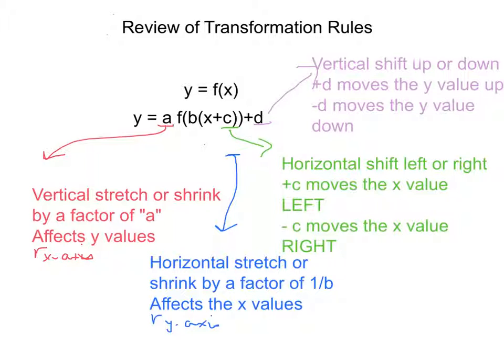Let's give you an example of one very easy function to look at. So suppose my function is f of x equals the square root of x. And I know that a sketch of this function looks like this.